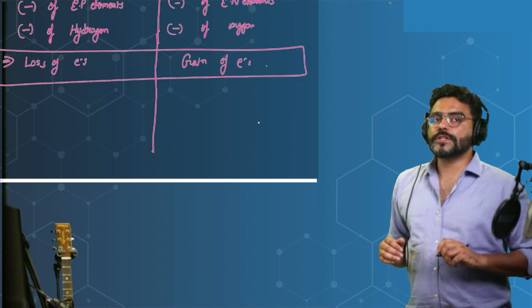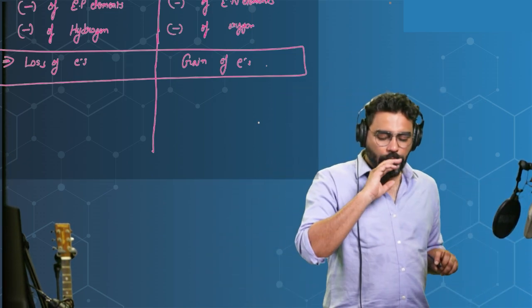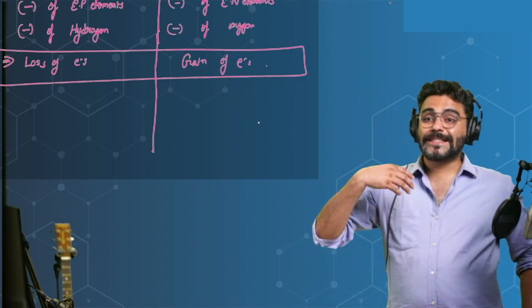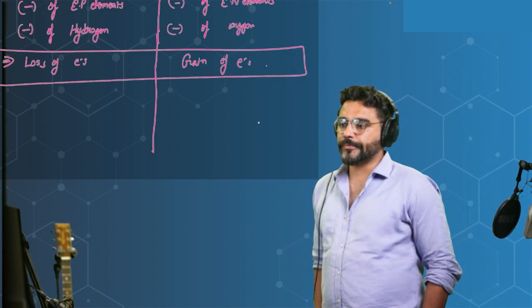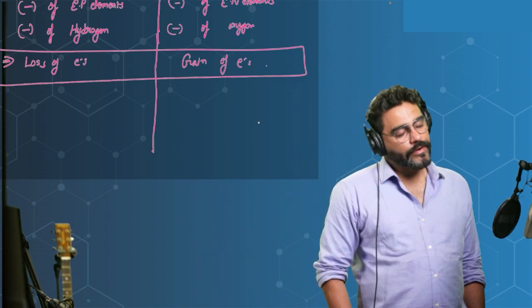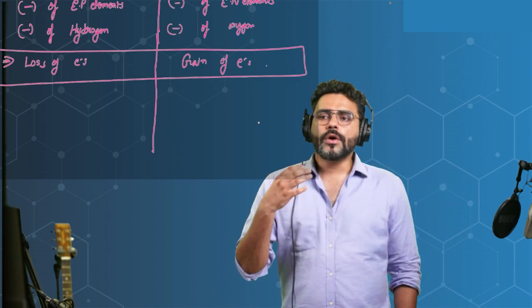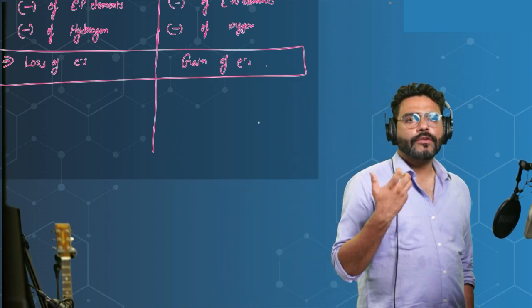On the basis of this, we had a few discussions. First, which kind of elements give electrons, metals or non-metals? Metals. We discussed it yesterday also. Do not hesitate to give the answer.